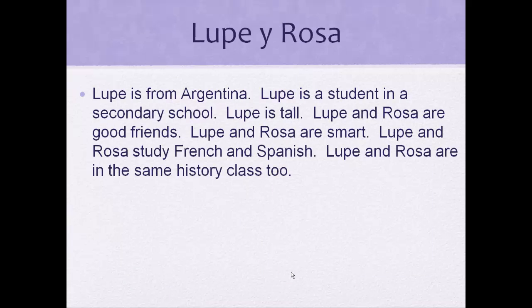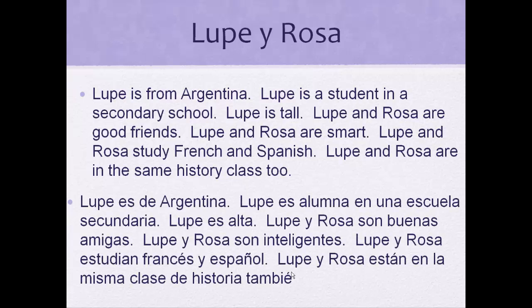Let's look at Lupe and Rosa then. If we were to take Lupe and her sentence about being from Argentina and the rest of the paragraph and translate it into Spanish, could you identify the subjects? Could you make the replacements?